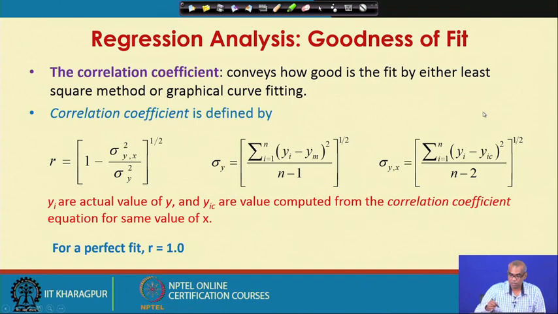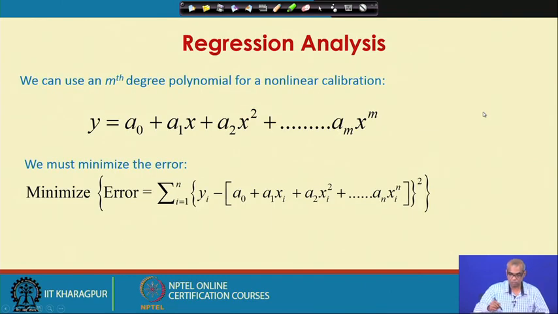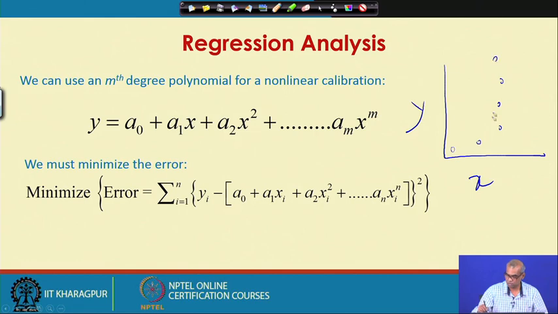Let us say your y versus x relationship is something like this. We cannot fit a straight line. Can you try an mth degree polynomial? It will be a nonlinear calibration.